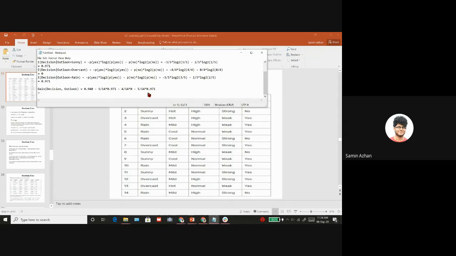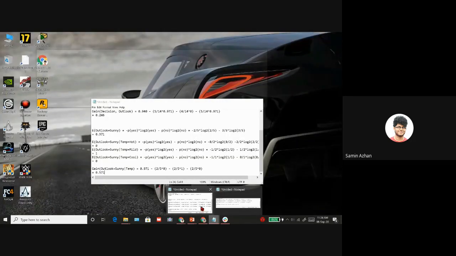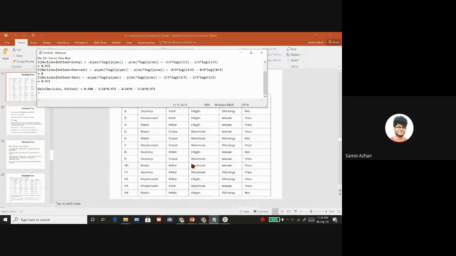If you have a calculator nearby, you can try it with me. So the value I get is 0.246.